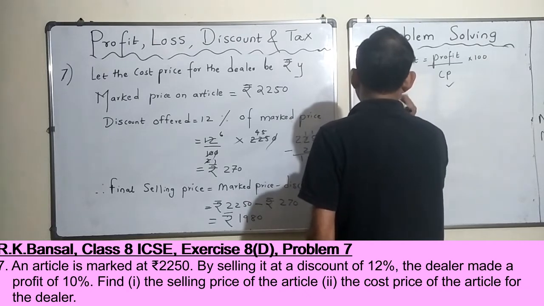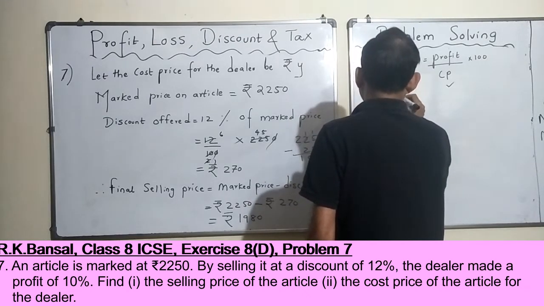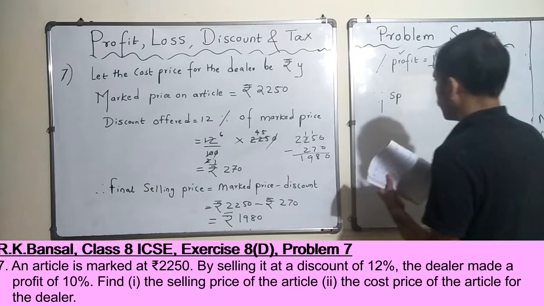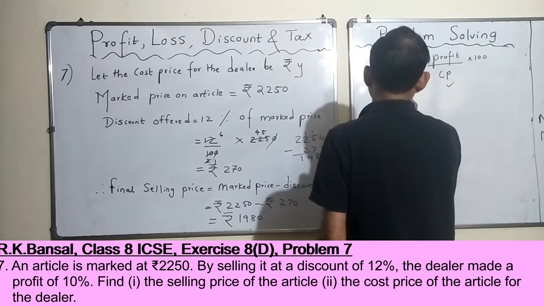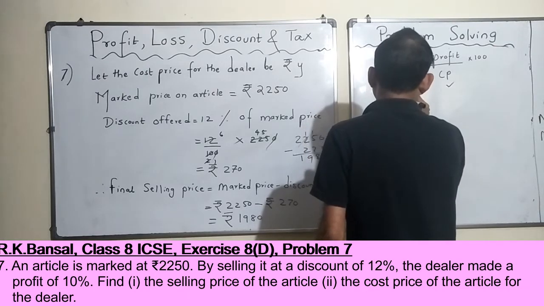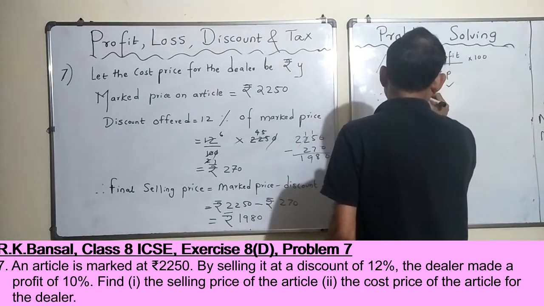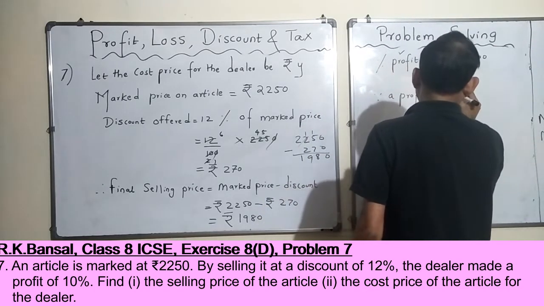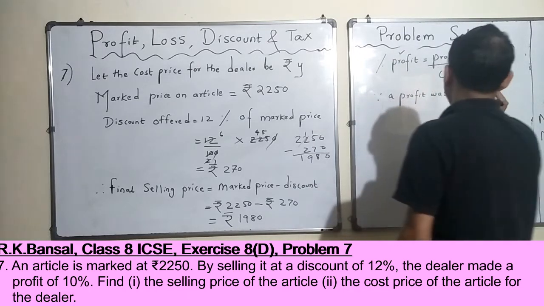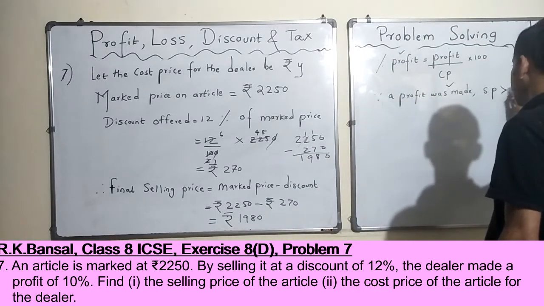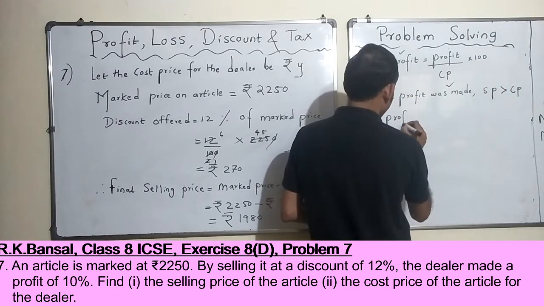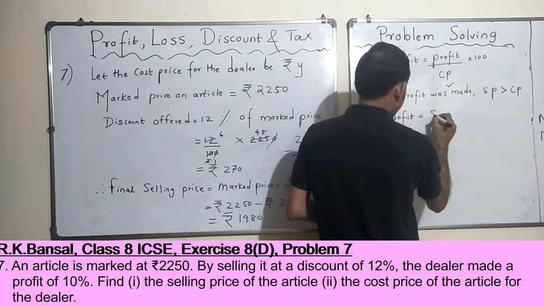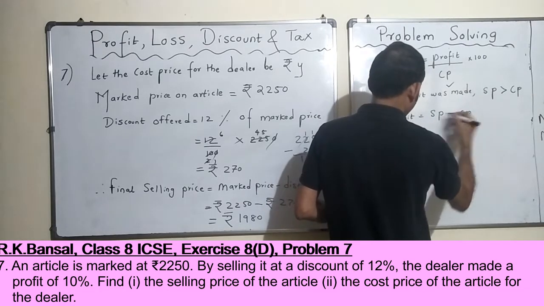Since SP, anyway we know that he made a profit, right? Since it is a profitable scenario, since a profit was made, SP is greater than CP and profit is nothing but SP minus CP, correct?